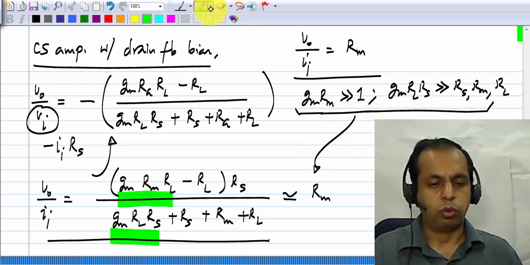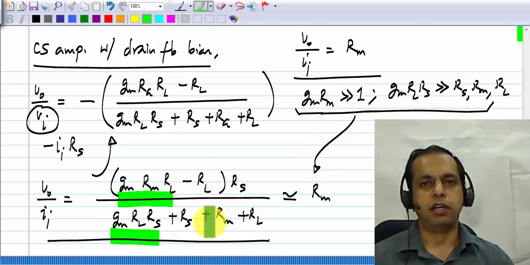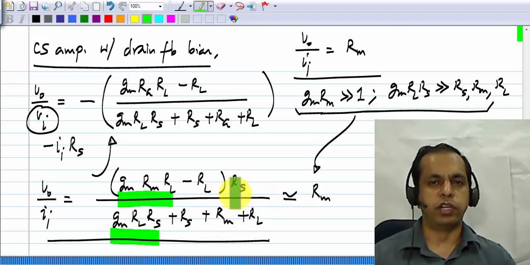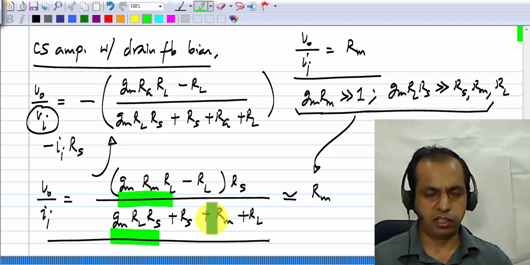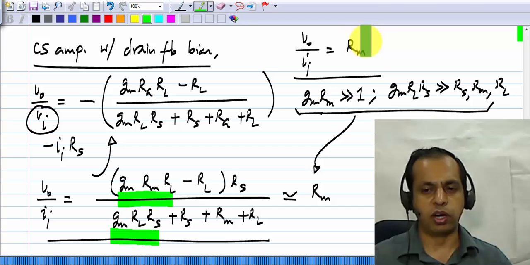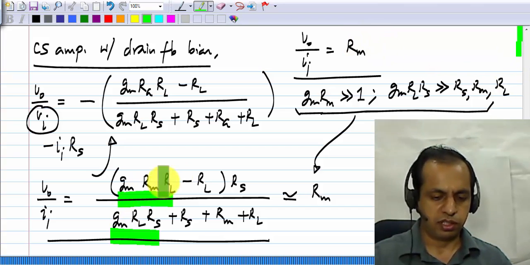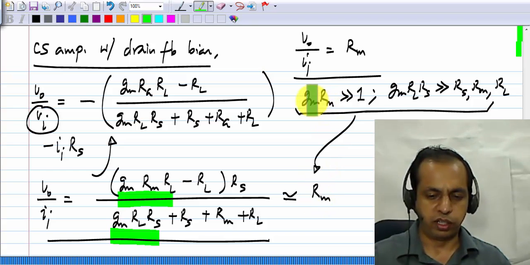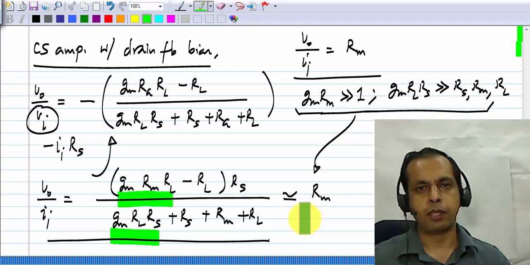So what we synthesized as a current controlled voltage source using our intuitive idea of negative feedback does behave like that. The exact ratio of output voltage to input current is not Rm, but some value like this, but it will be very close to Rm. In fact, if these conditions are satisfied, it will be close to Rm. So when you choose the component values, you have to make sure that these conditions are satisfied.